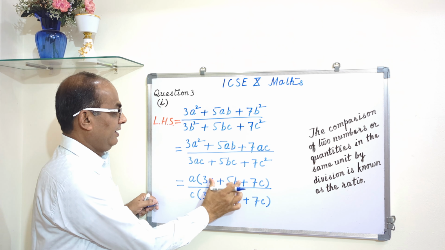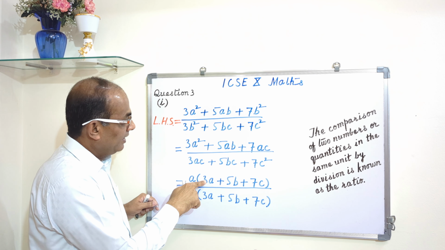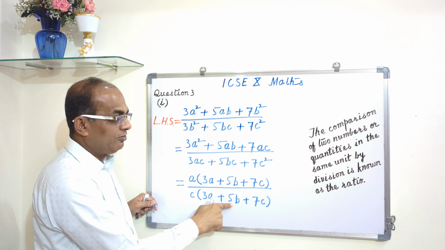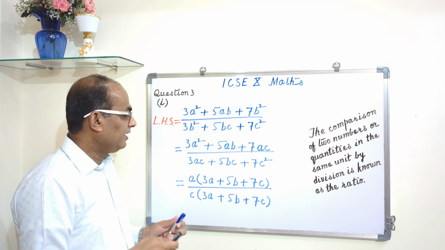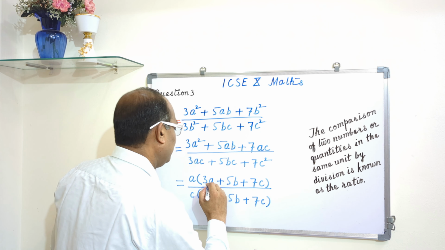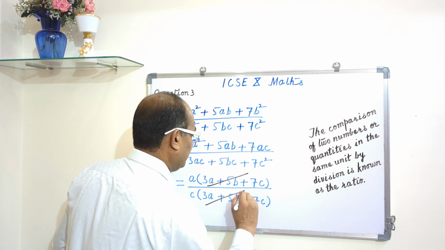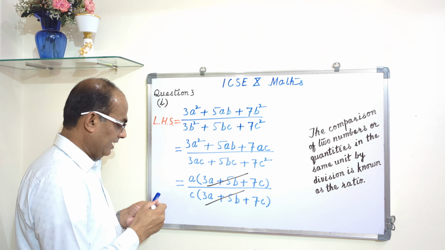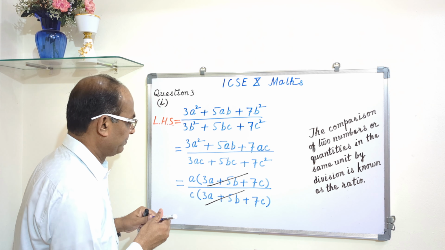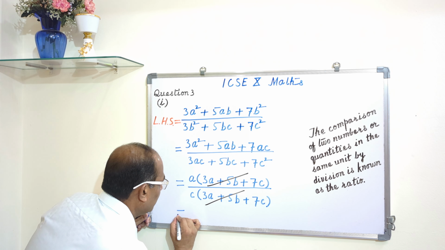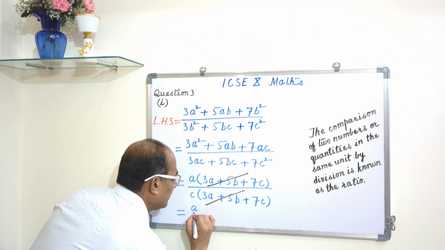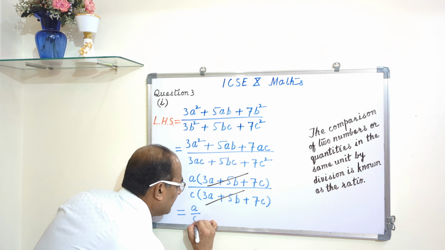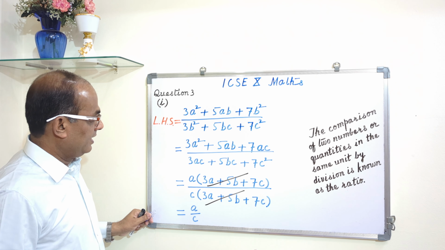Now see the expression within the bracket. 3A plus 5B plus 7C, 3A plus 5B plus 7C, same. So we can cancel it. This entire bracket cancels, and ultimately we are left with A upon C. This is equal to A upon C. Alright.